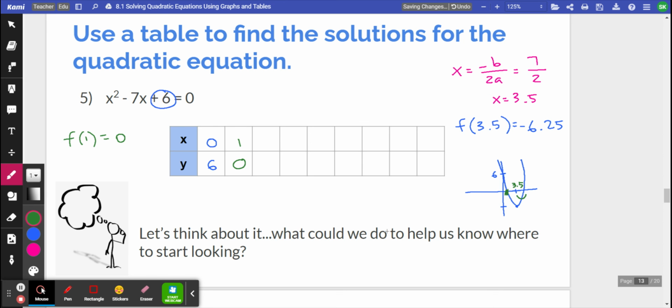Knowing that, I'm just going to fill out the rest of the table with x values that I can fit in here. So now I'm going to plug in x equals 2. That's 4 minus 14 plus 6. 4 minus 14 is negative 10. Negative 10 plus 6 is negative 4.